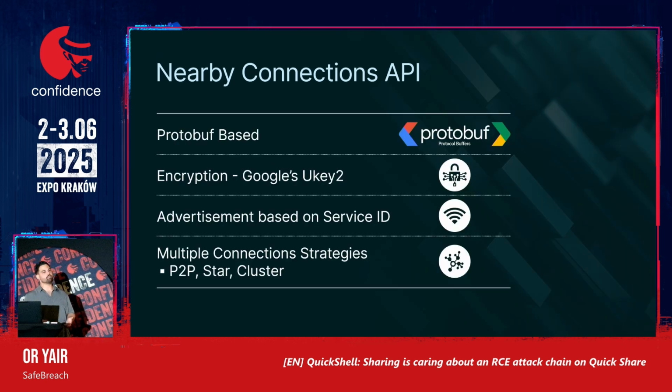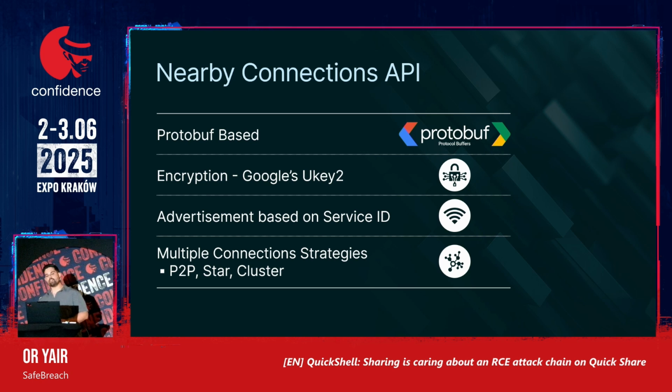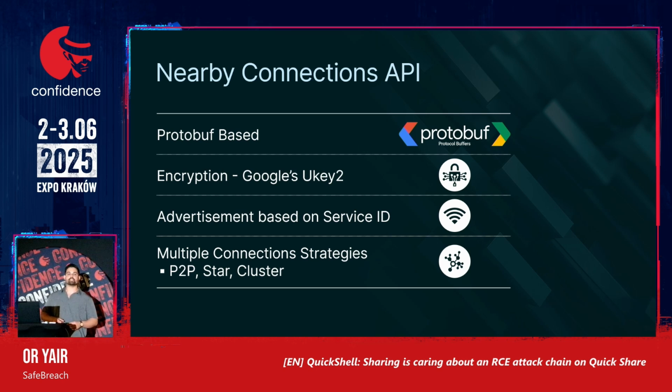Nearby Connections API allows apps on Android to exchange data nearby without going through the internet, regardless of network connectivity. A few interesting facts about Nearby Connections API: it is based on protobuf.